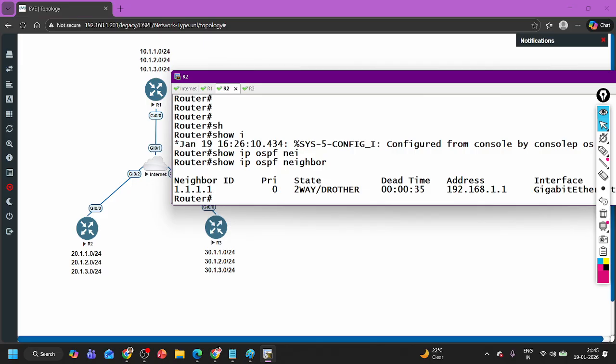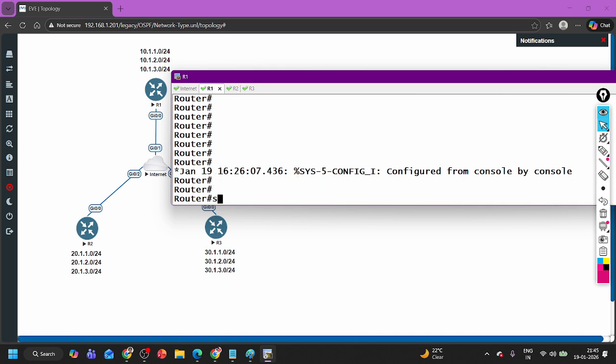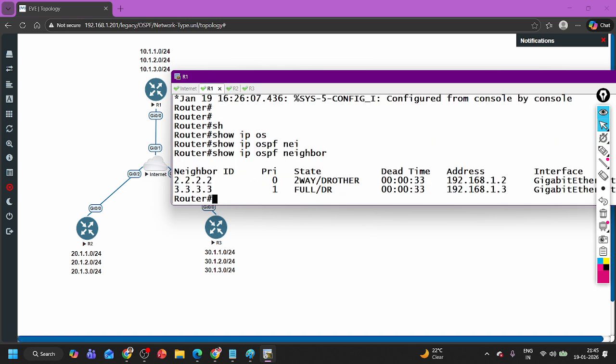Router 2 has neighborship with router number 1 and neighborship state is two-way. Even router number 2 cannot have neighborship with router number 3, the actual DR. Who is the DR? Router number 3 here. Router number 1 has two neighbors, one with router number 3 in full, and with router number 2 only two-way state.